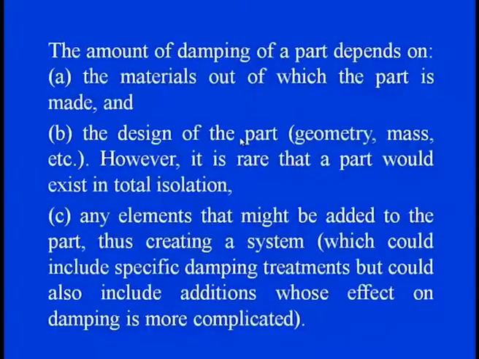And the third feature, which contributes towards the amount of damping, is any element that might be added to this objective part, thus creating a system through which some more damping can be added, by various ways. So, when we want to dissipate the energy, these are the three parts which directly contribute to the amount of damping.